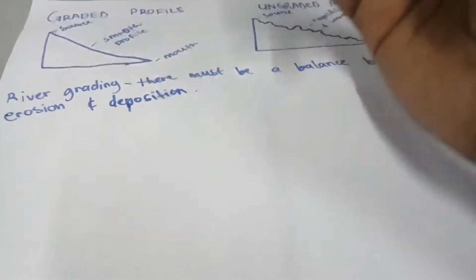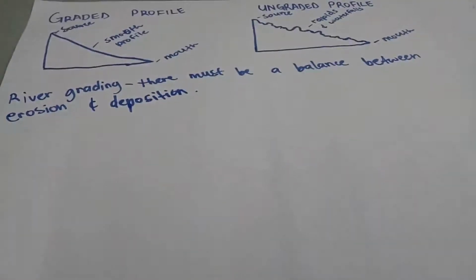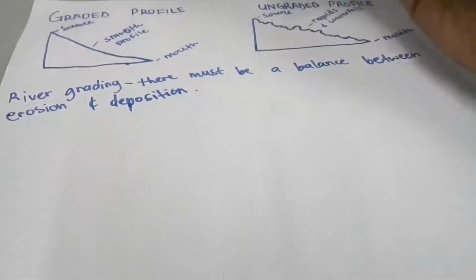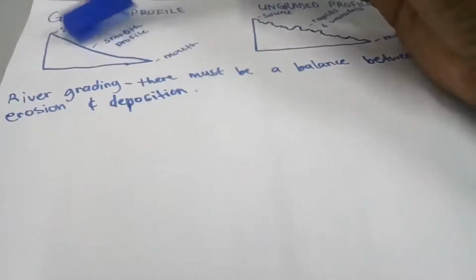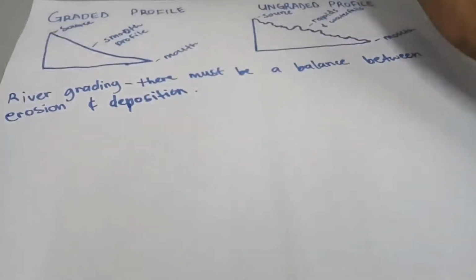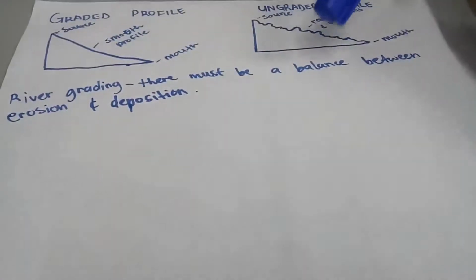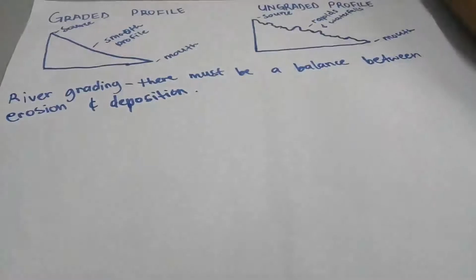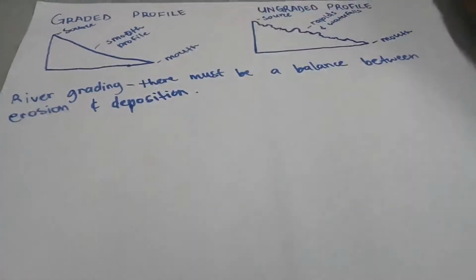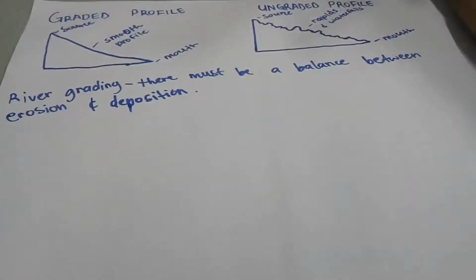Yes, there must be a balance between erosion and deposition in river grading. So meaning that, I'm saying it again, here there was a balanced erosion and deposition, but here there was no balance between the erosion and deposition, so that's why it's ungraded.